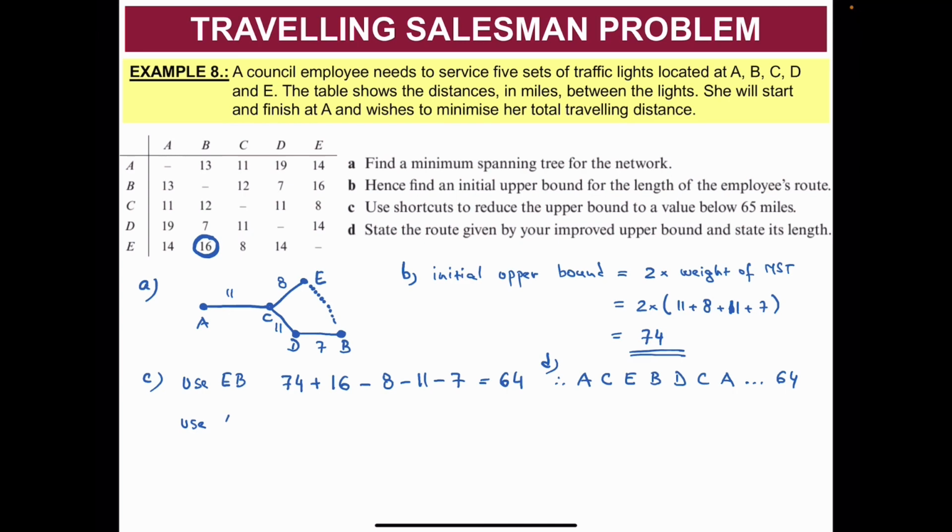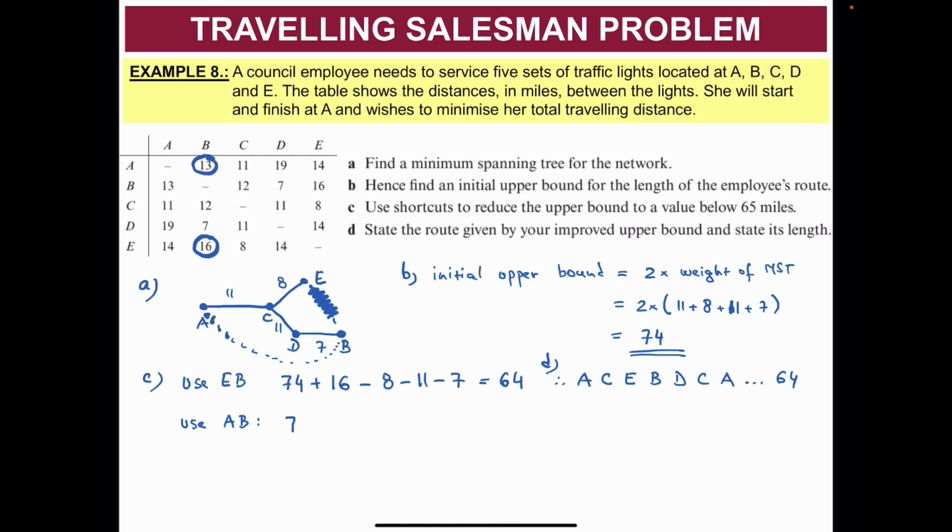I also discovered this one. When I reach B, I can go back to A directly. So I'm not counting this now, but I would go back to A from here. So that means AB is 13.